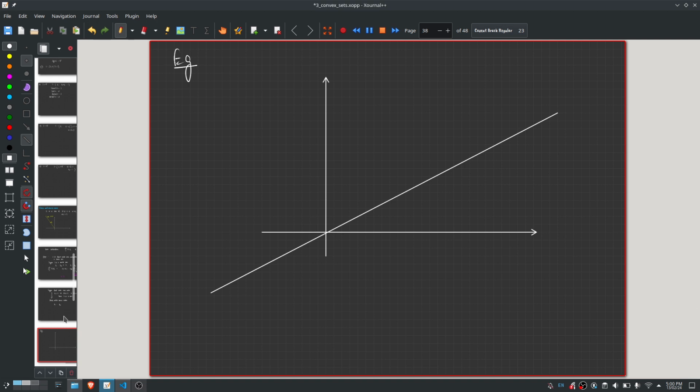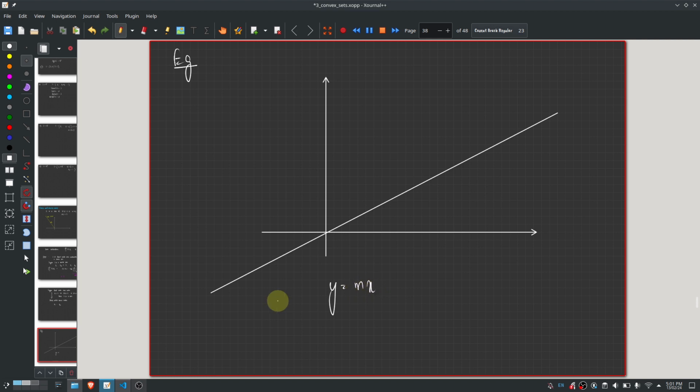So what is the equation of any straight line passing through the origin in Rn? In R2, it is just y equal to mx, right?